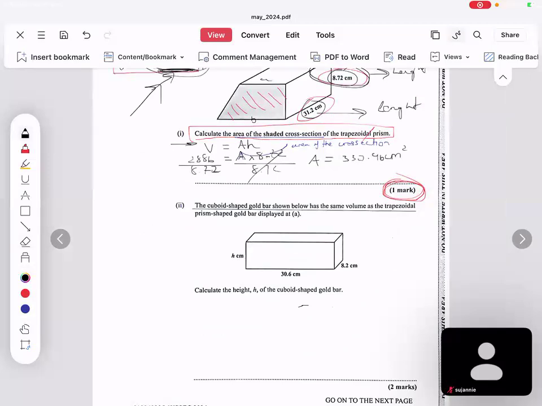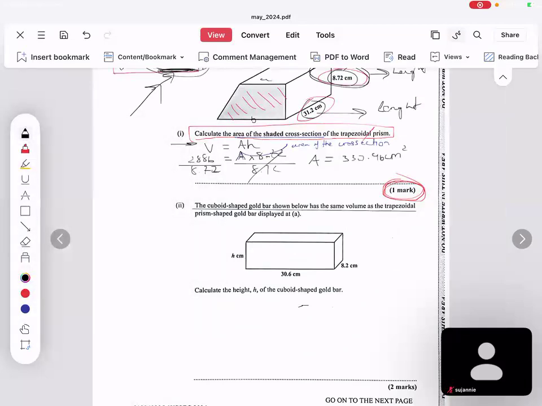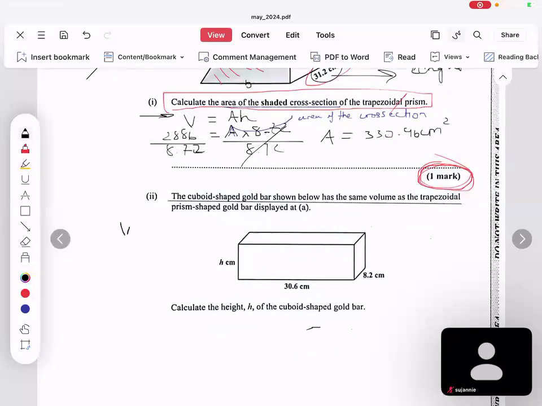That's what they said. So they're saying that the volume down here is still the same thing as 2,886 cubic centimeters. All right, cool, no problem. Continuing.